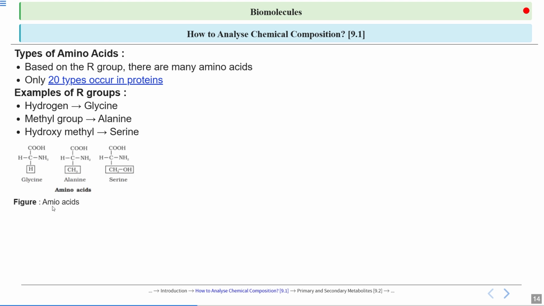In this figure showing amino acids, you can see this is a substituted methane.